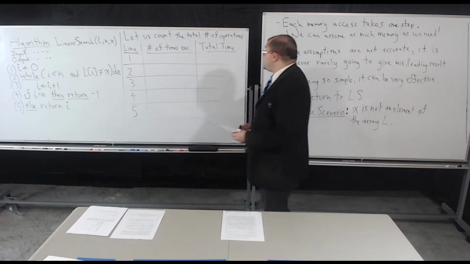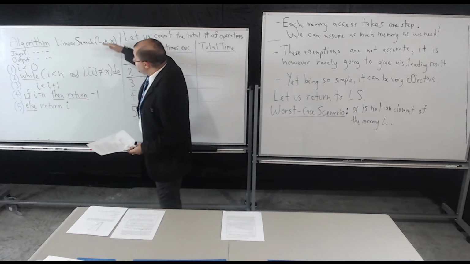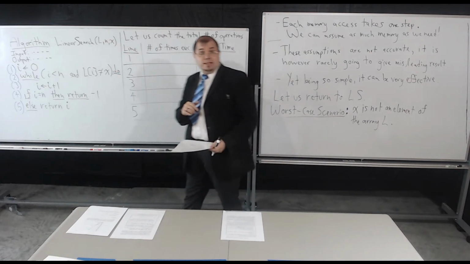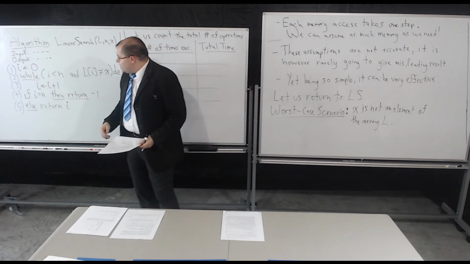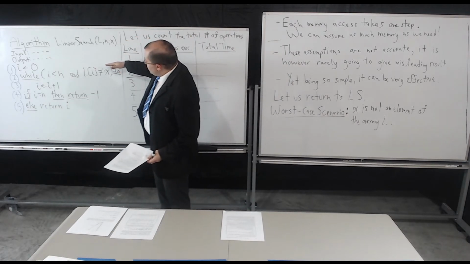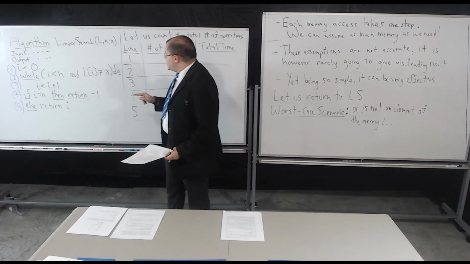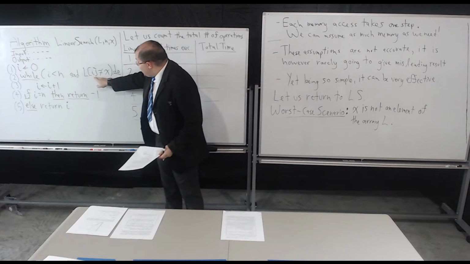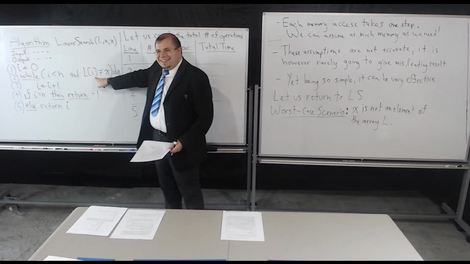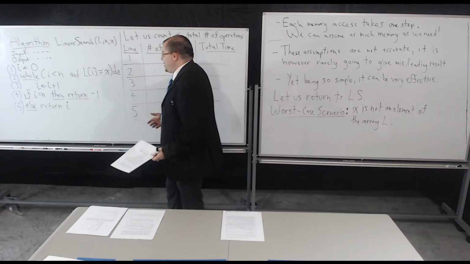Now what we need to do is consider instances that look like this, and imagine we're executing the algorithm using these instances. So first I assign i is 0, and then I go through my while loop. I have while i is less than n and the array element at i is not equal to x. Now remember, it's never going to violate this, because the element is always going to be not equal to x.